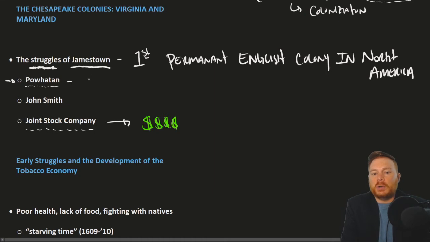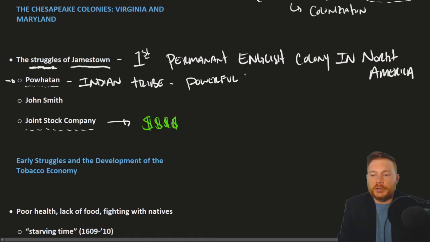We'll call it a tribe, a powerful one. The English really had hoped to colonize the way the Spanish did, just conquer, plunder, and steal. They couldn't do that because of the powerful Powhatan. Instead, it was people like John Smith who took control of the colony and forced them to work in order to survive. John Smith was an English colonist.